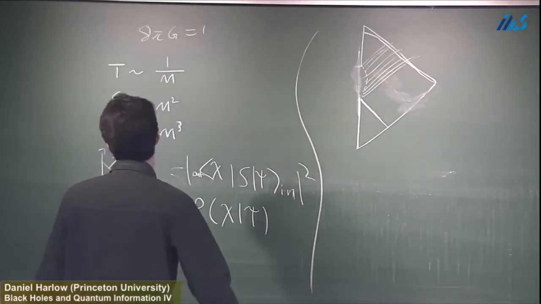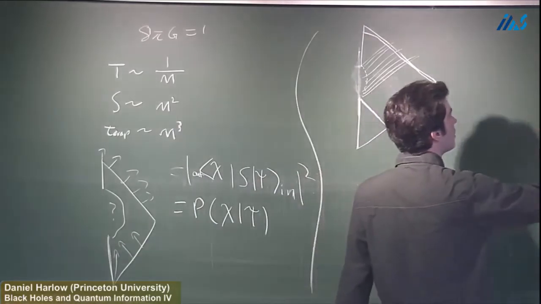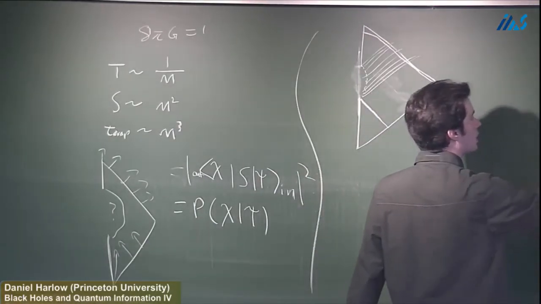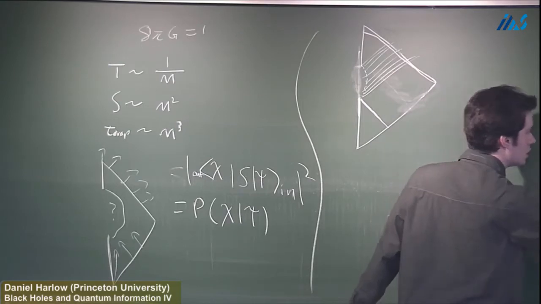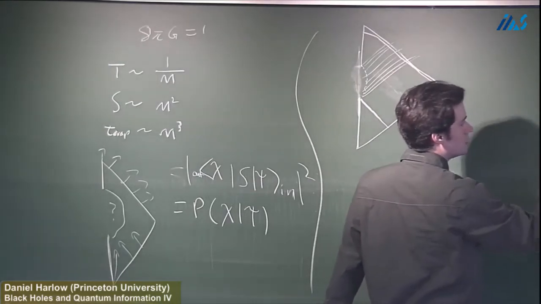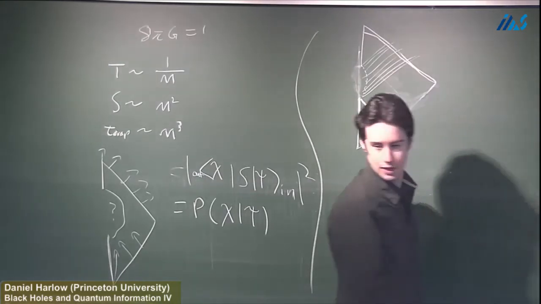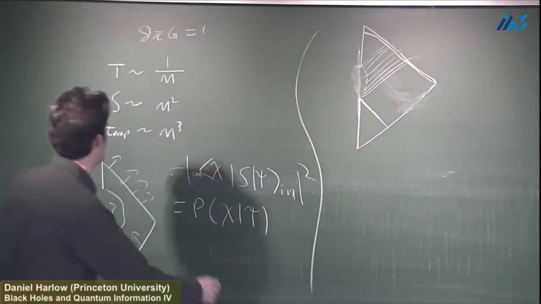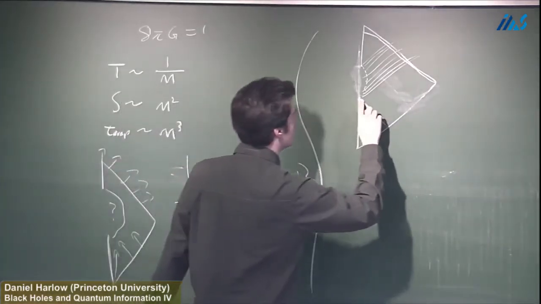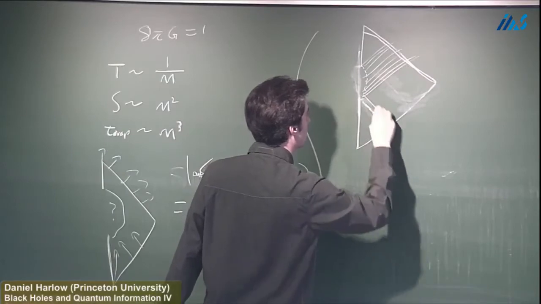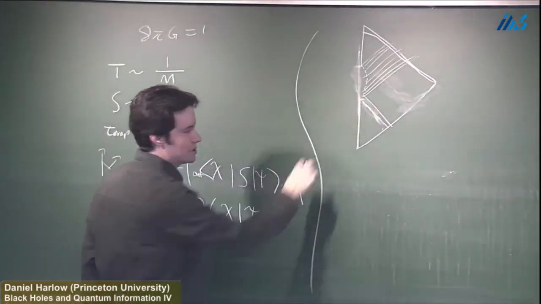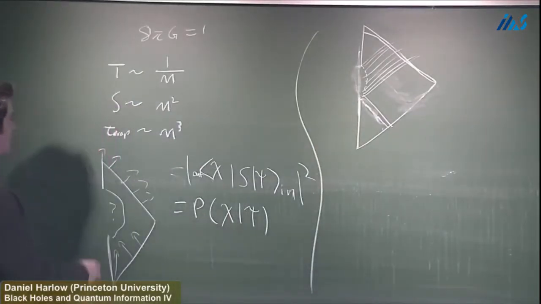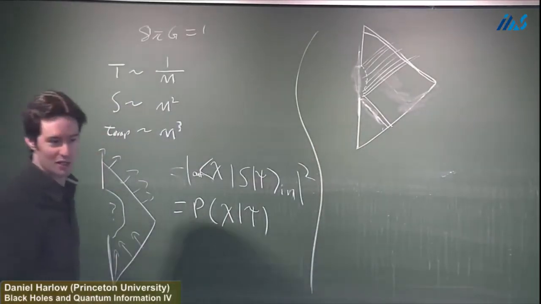So remember the picture that I was drawing before. So before I knew about evaporation, I was drawing this picture. And the shell comes in here, and the horizon goes like that. So you see the shell goes in after the horizon forms. I guess I didn't really draw it very clearly. Of course, the time scale separating these is much smaller than the time scale at which the mass is changing.